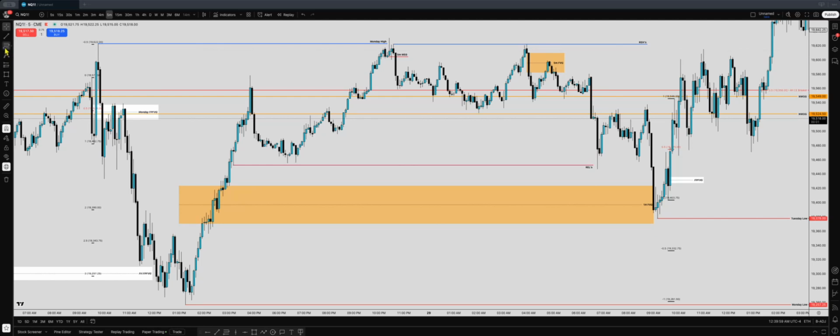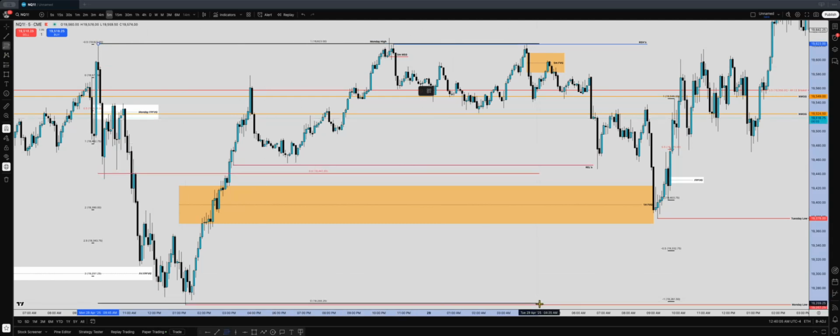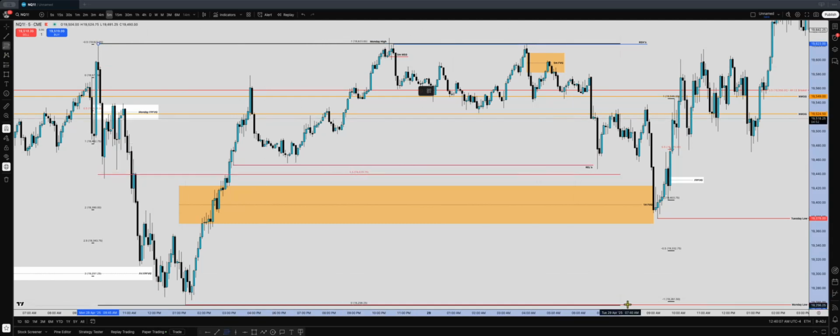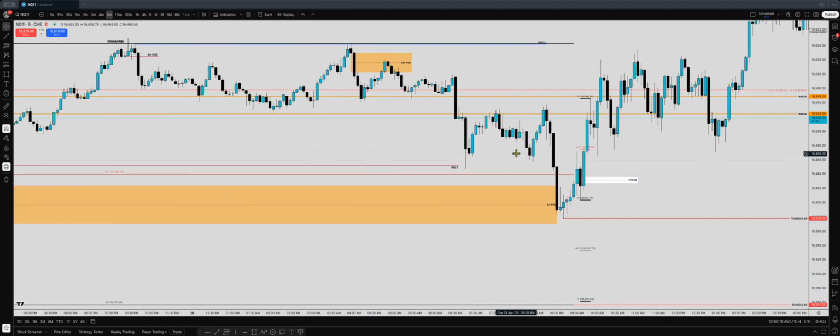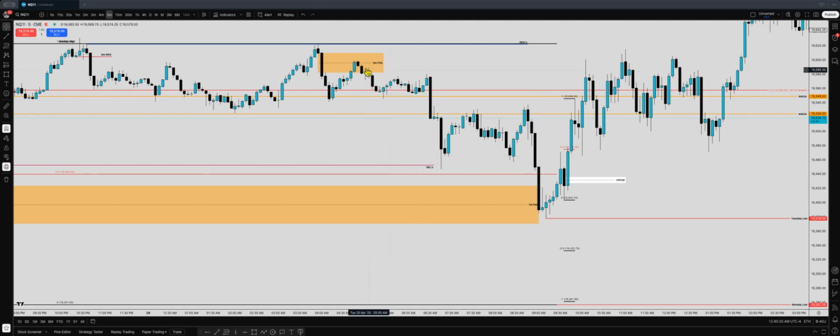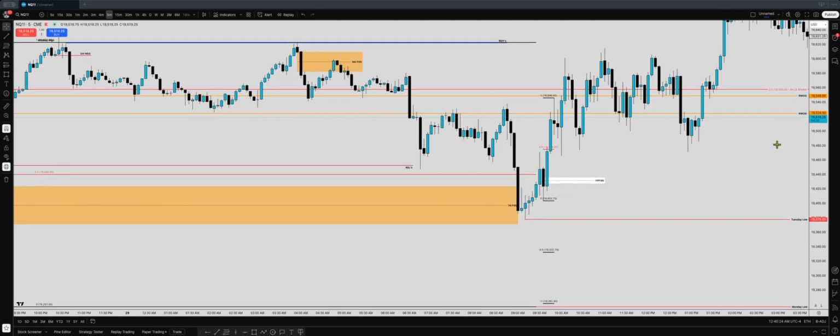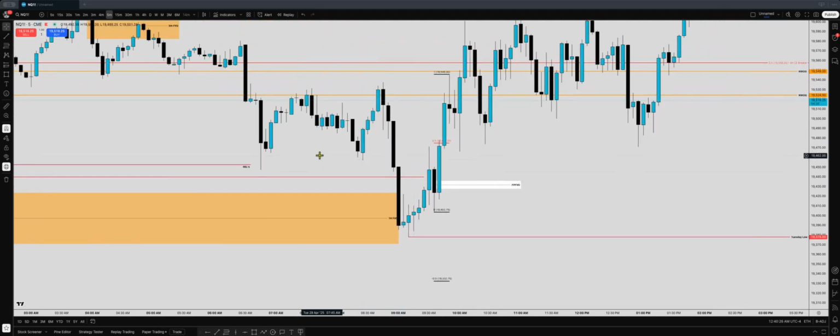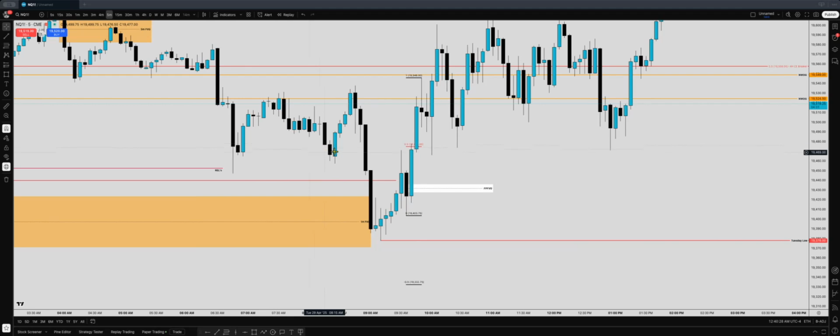If I were to grab the previous day range from Monday's high to Monday's low, 50% of the range is right there. So right here. Okay. So it worked up here, and now the BigO model occurred once again right here.